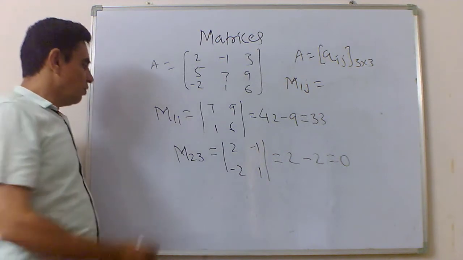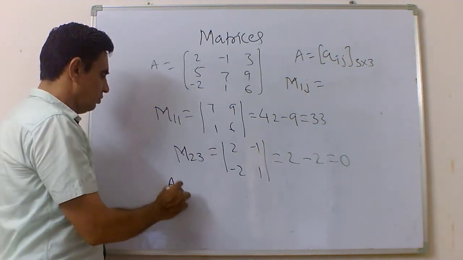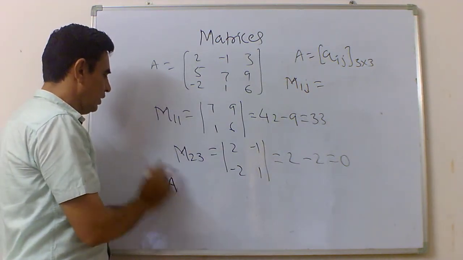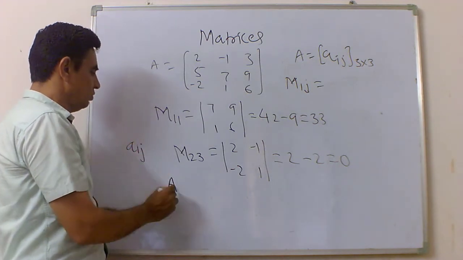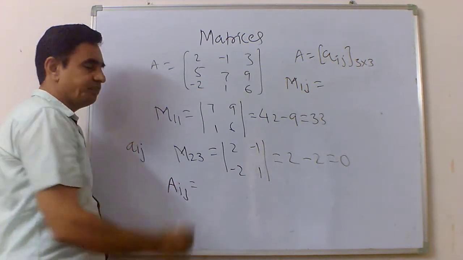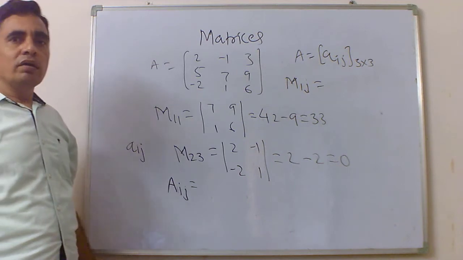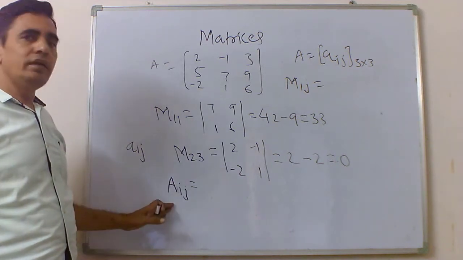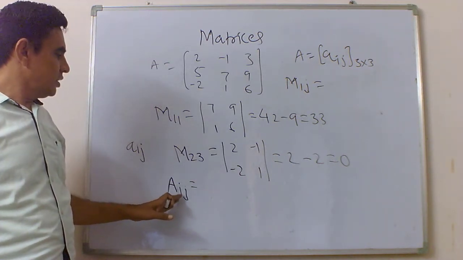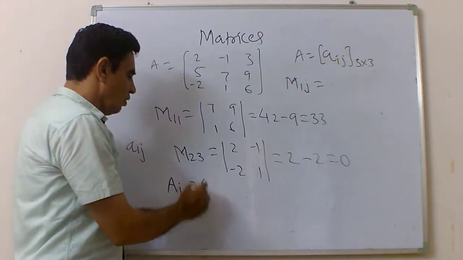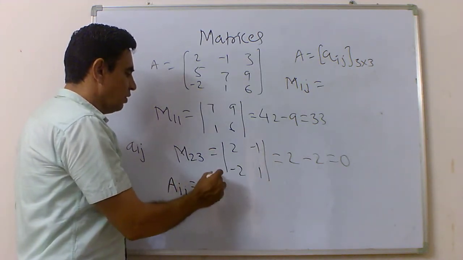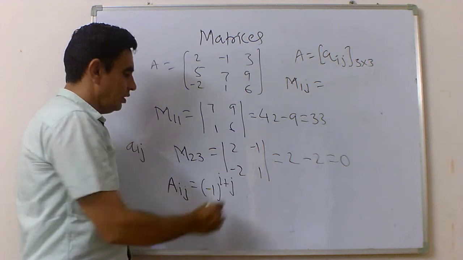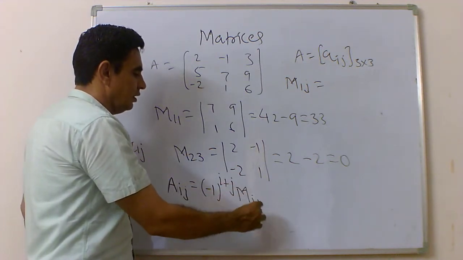Similarly, we can find cofactor. Cofactor of element Aij is denoted by capital Aij or capital Cij. We take any notation. Aij is equal to (-1) raised to power i plus j into Mij.